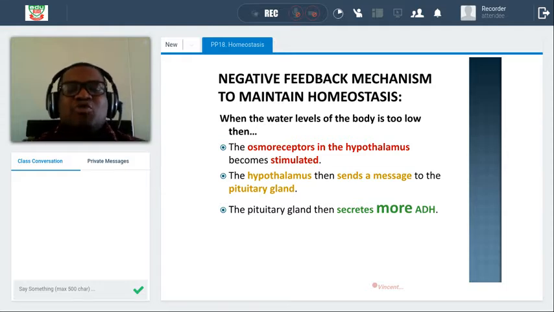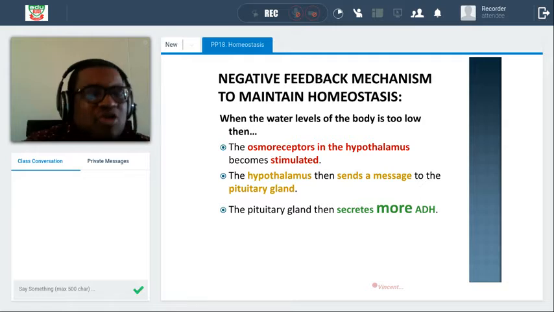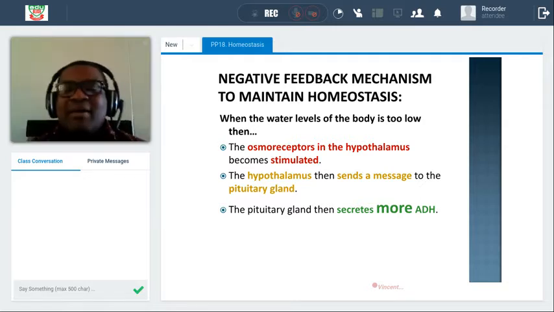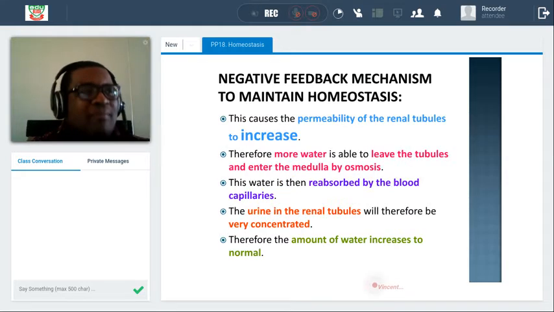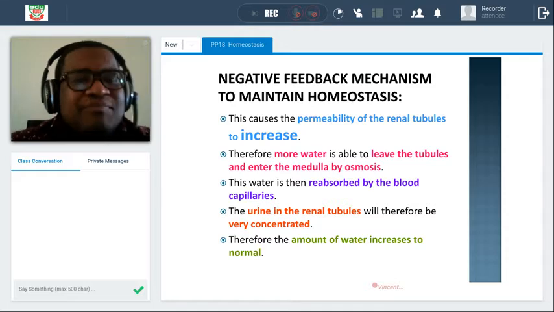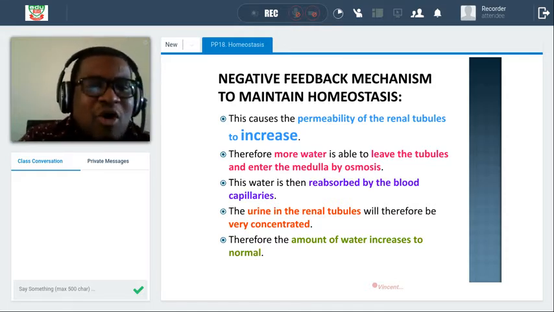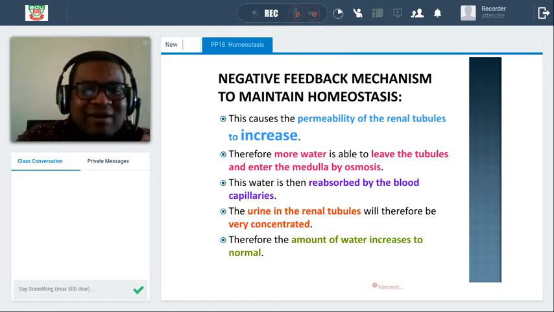But when the water level is too low, the osmoreceptors of the hypothalamus are stimulated. So the hypothalamus now sends signal messages to the pituitary gland. The pituitary gland now secretes more ADH. When more ADH is secreted, what happens? The permeability of the kidney tubules, or the renal tubules, increases.